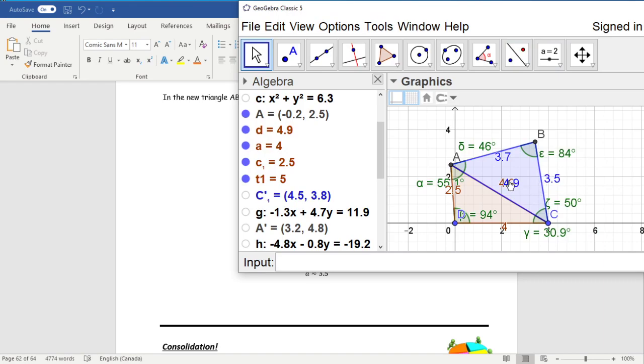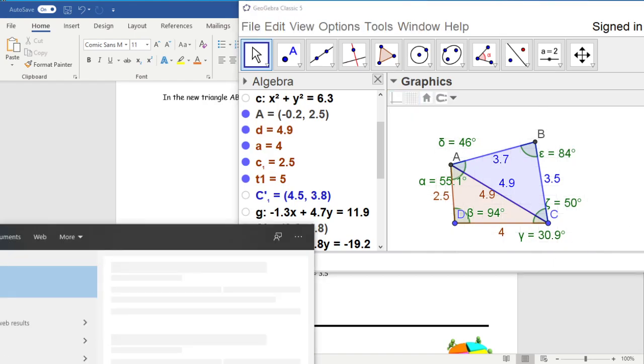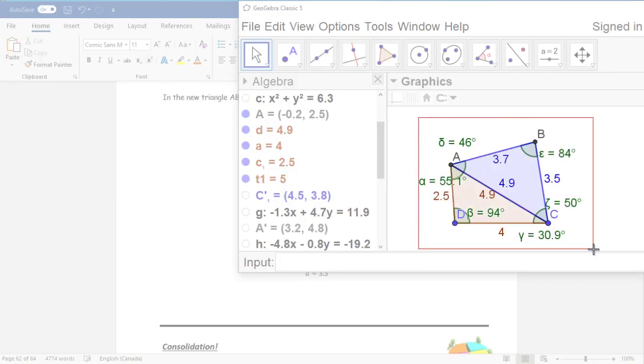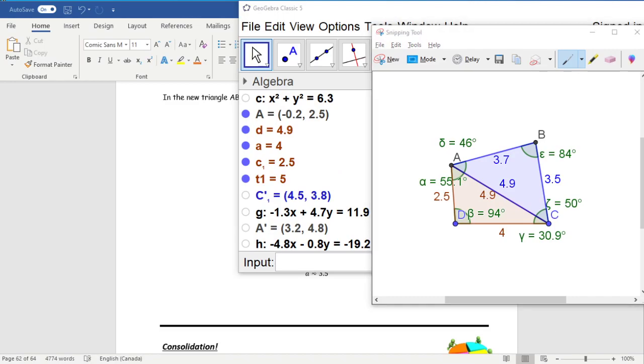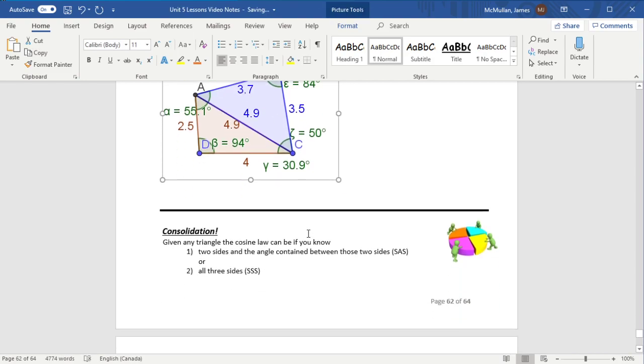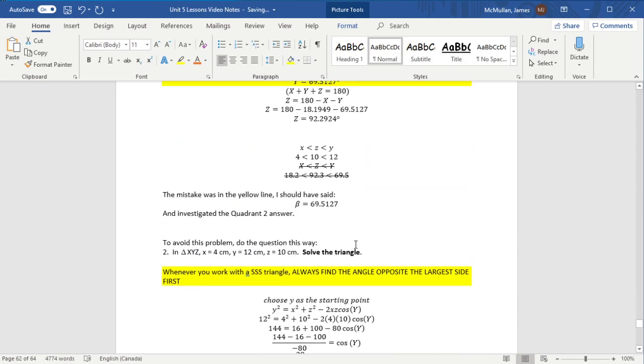Okay, so if you did a different strategy, if you want to check your strategy or see where you went wrong, here's all the possible things you might want to know about that picture. So there's the answer.